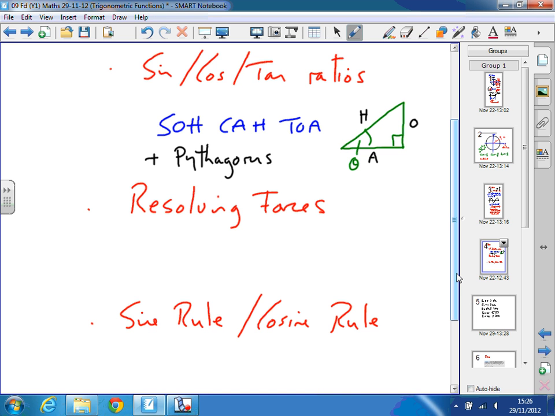So if I have a force here, then I can resolve that into its vertical and horizontal components using this idea of a right angle triangle to find those sides, which hopefully is something you'll be familiar with. So I'm going to give you a chance to review that if you feel you need to.